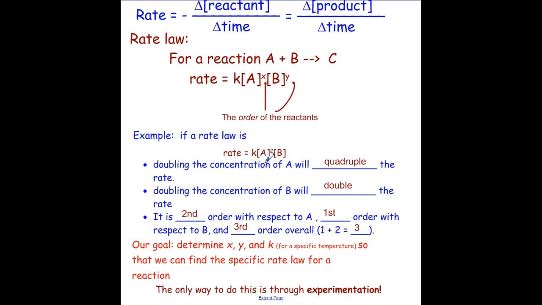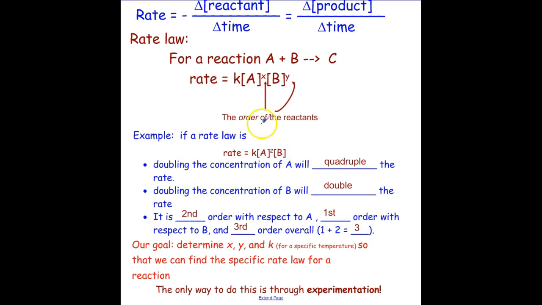So for the example down here, if the rate is K times A to the second power, that means doubling the concentration quadruples the rate, and it is second order in A. If it's B to the first power, doubling concentration doubles the rate, and it's first order with respect to B.